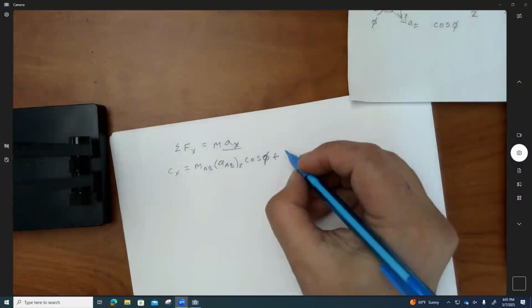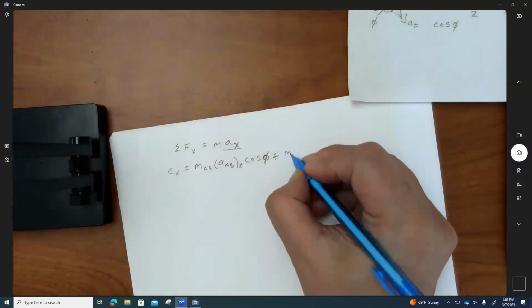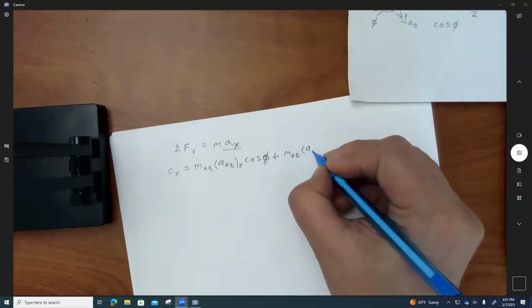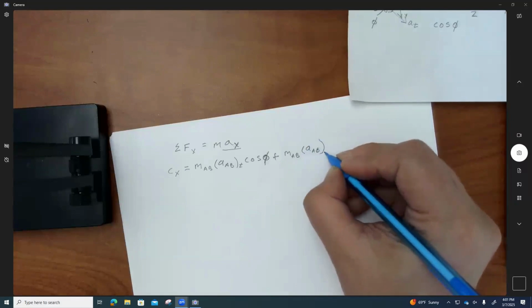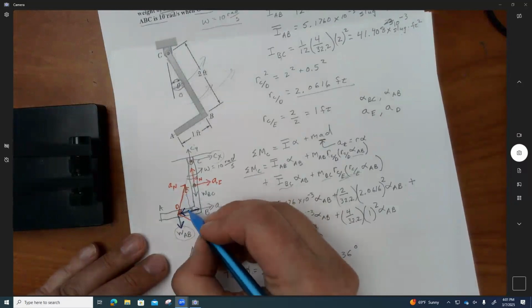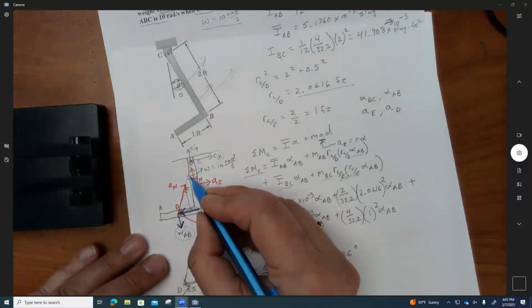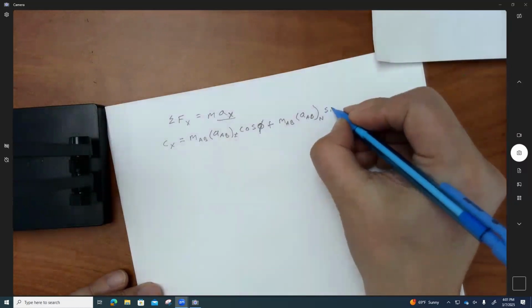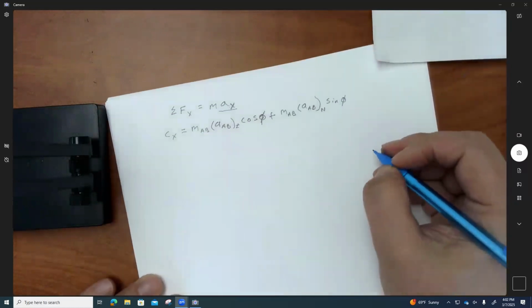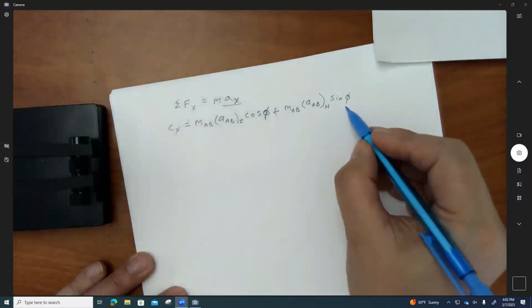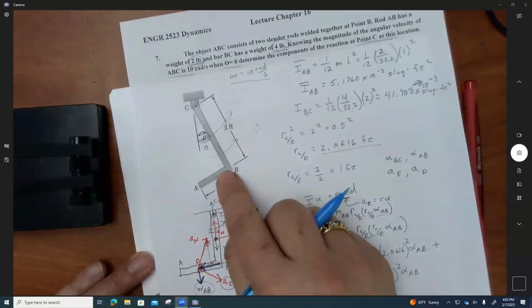And so let's work on the mass of AB multiplied by the acceleration of AB in the normal direction. And if we want that normal component, we're looking at the sine of phi. So sine of the angle phi.